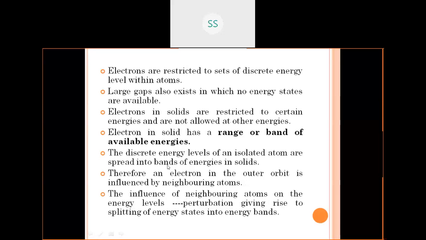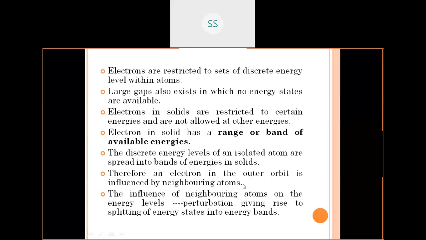Whatever electrons are present in the outermost shell are loosely bound to the nucleus. And electrons which are present in the orbits closer to the nucleus are tightly bound to the nucleus, and they are not under the influence of any other surrounding atoms. Whereas the electrons present in the outermost orbit are under the high influence of the neighboring atoms.